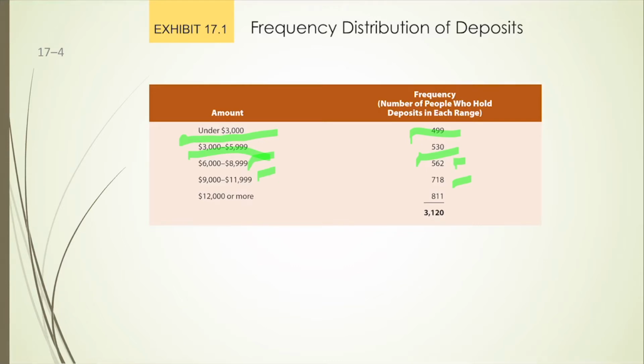So that would be a frequency. How many people occurred, or how many times did this occur for this range? So how many people really made this amount? That's really what we're saying here with the frequency distribution.